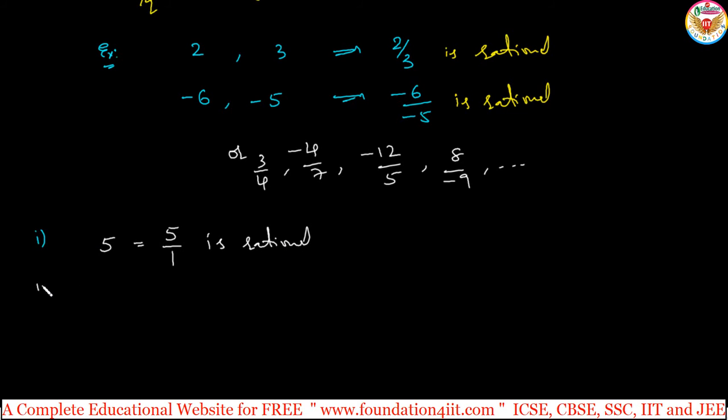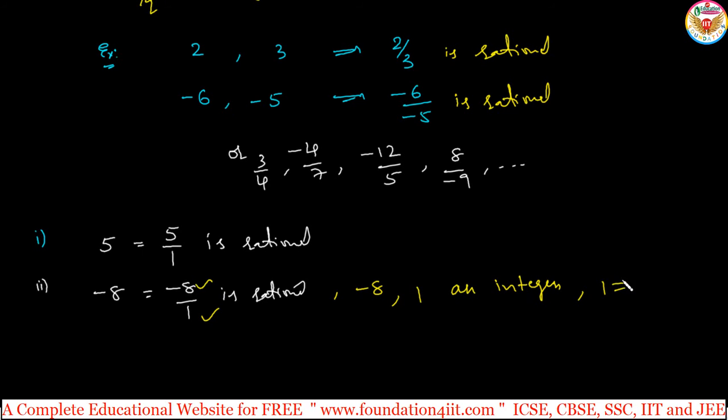And one more, negative 8. I can write negative 8 by 1. So it is a rational number, because minus 8 by 1 and minus 8 are both the same. This is also a rational number because minus 8 and 1 are both integers as per the definition, numerator and denominator, and the denominator is non-zero, right?